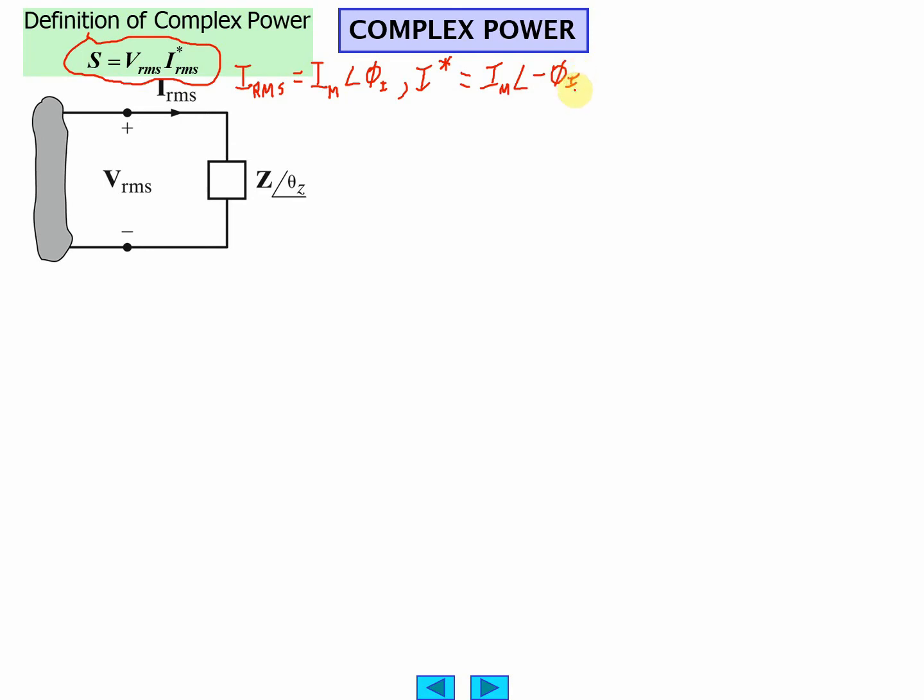Okay, that's the definition of the complex conjugate. When you multiply something times its complex conjugate, you'll just get I_m squared.